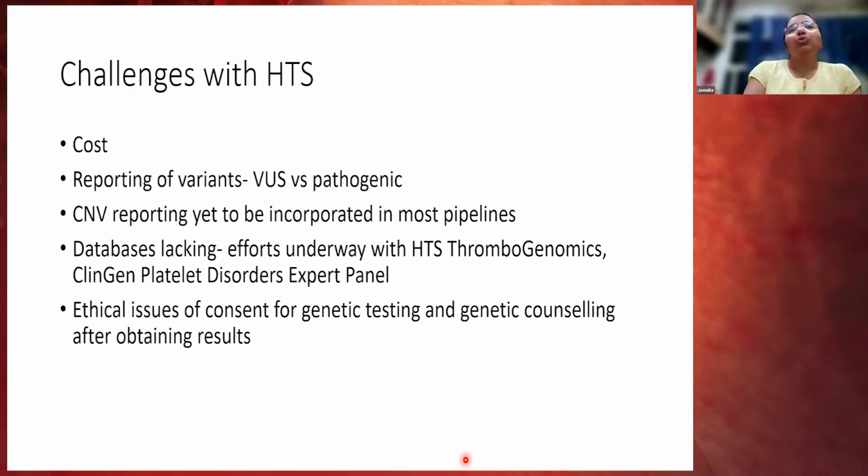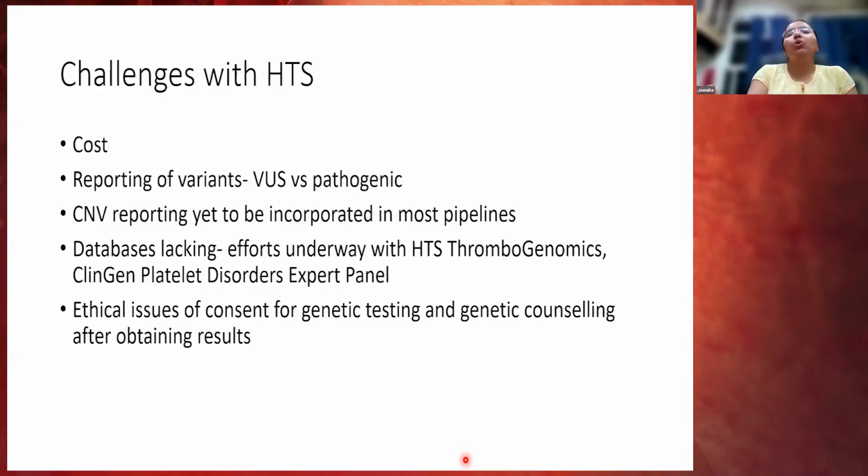So, challenges with high throughput sequencing: even though the cost has come down, the cost for our Indian patients does remain a problem. With respect to reporting of variants, having variants of uncertain significance becomes a challenge because we have the disease manifestation in the patient. We expected the NGS to answer everything, and we've landed up with a variant of uncertain significance. So all of us have to familiarize ourselves with the American College of Medical Genetics guidelines to identify which variant is pathogenic or not.